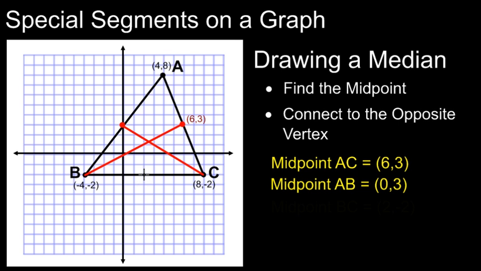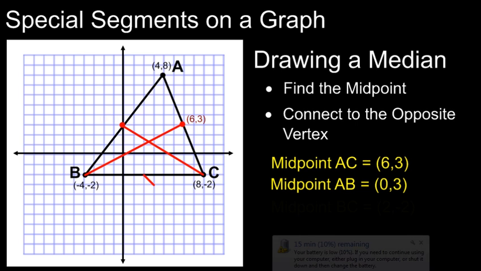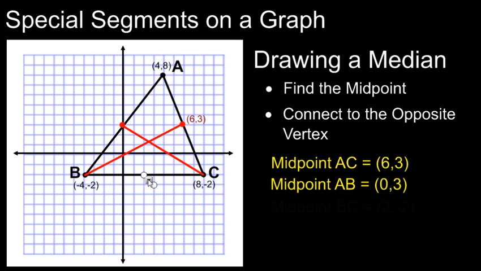So here is my point at 2, negative 2. Once again, we connect that midpoint up to the opposite vertex. So here we have three medians.